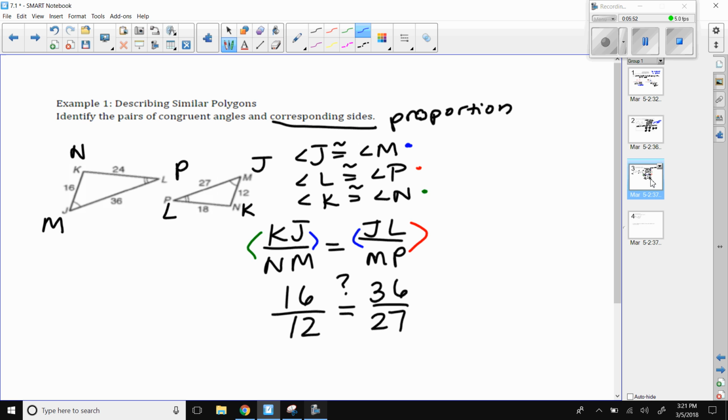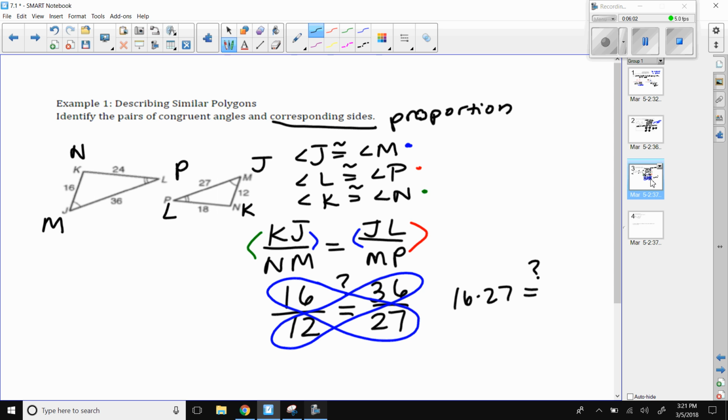So I'm going to use my cross multiplication and check if they're equal. 16 times 27, is this equal to 12 times 36? So 16 times 27 gives me 432. 12 times 36 gives me 432. And these are going to be equal. So you want to make sure and check just to be sure.